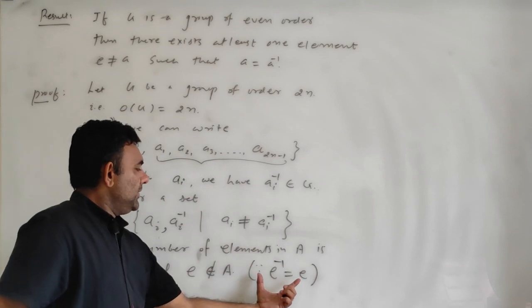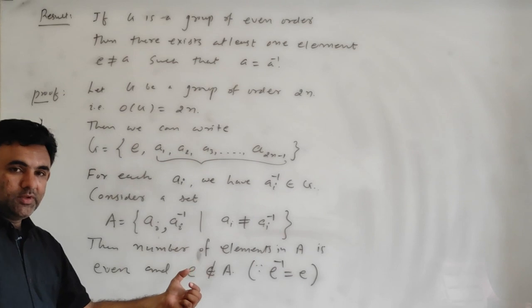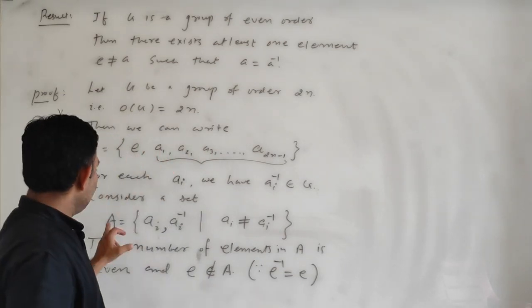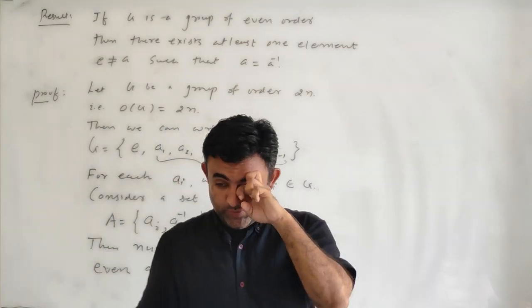When an element and its inverse are equal, then that element is not here. We are collecting those elements whose inverses are different. So identity will not be here, and the number of elements in A is always even.